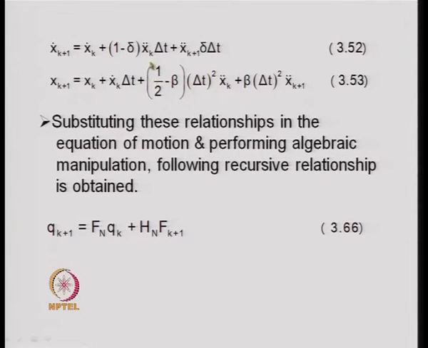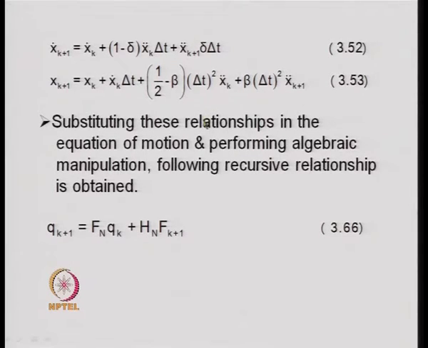Now, if we provide the value of delta as half, then this term becomes an average acceleration between the 2 points. That is, you can see that it turns out to be x double dot k plus x double dot k plus 1 divided by 2.